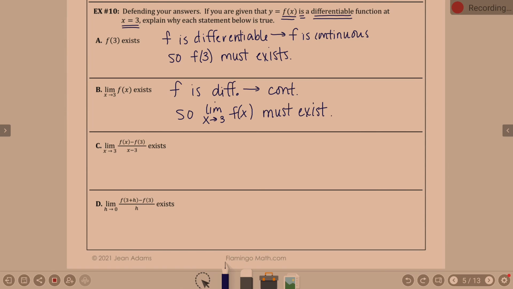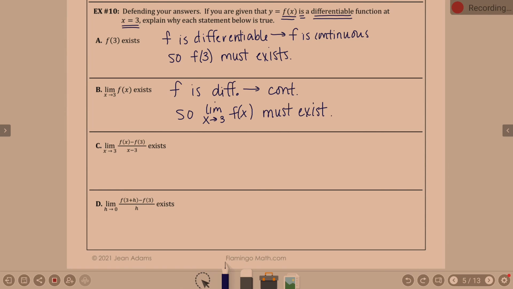What about C? Do you recognize that? This is one of those things I want you to get in the habit of recognizing. What are they giving us there? That's your alternate form. Is that a definition of derivative? That is the alternate form of the definition of derivative. So must that exist? Yes, because at that point it is differentiable. So if it's differentiable at that point, that means we can take the derivative at that point. And so how do I want to put this?